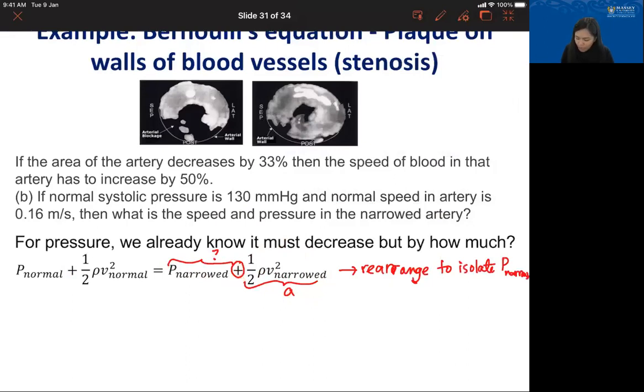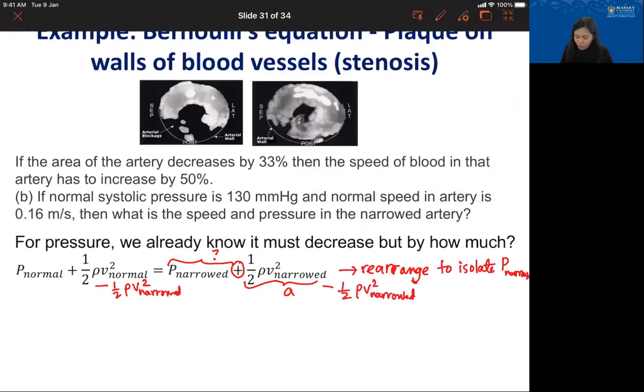So you minus 1/2 rho V narrowed squared on the left side, but you have to do the minus also on the other side.